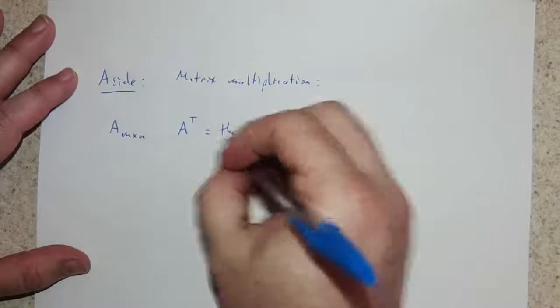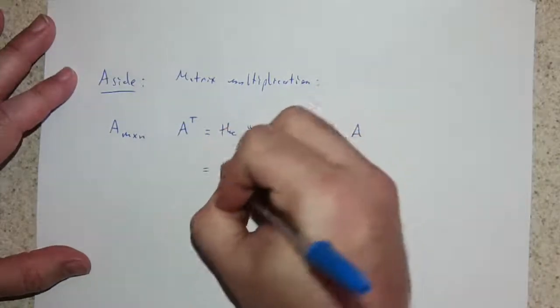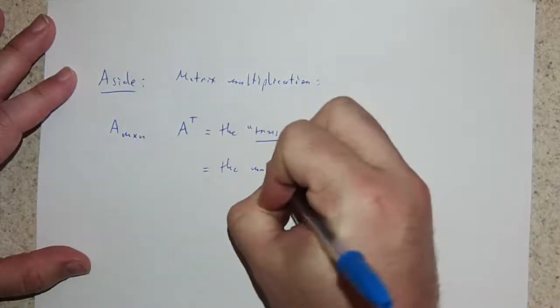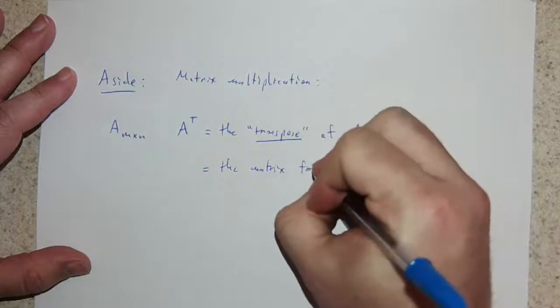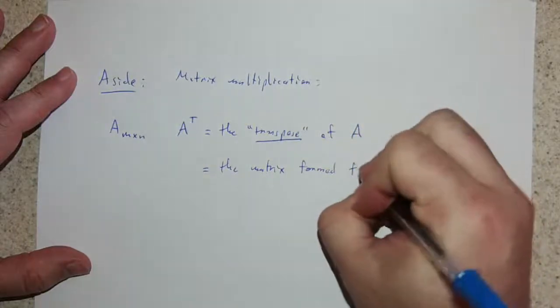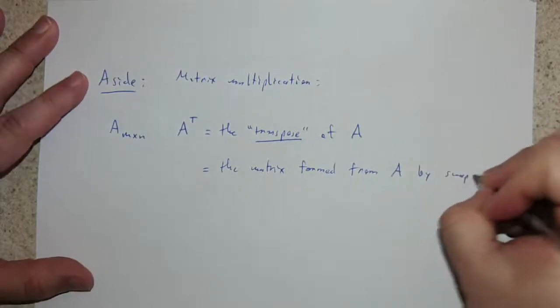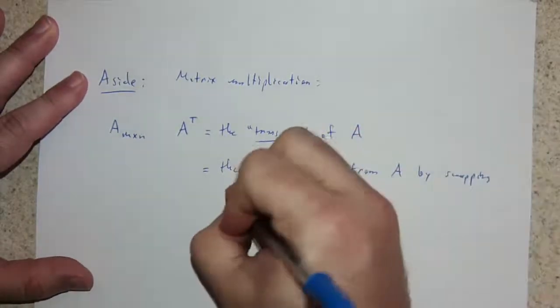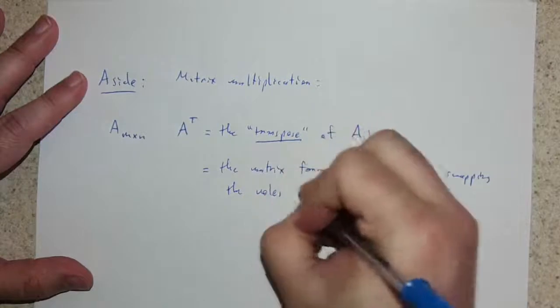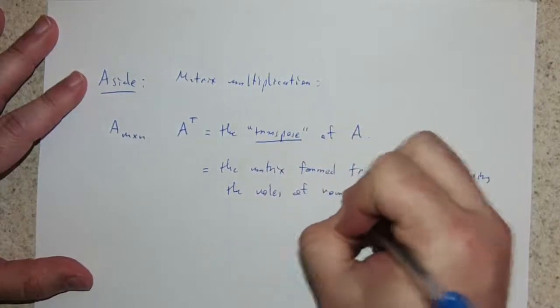So this is the matrix formed from A by swapping the roles of rows and columns.